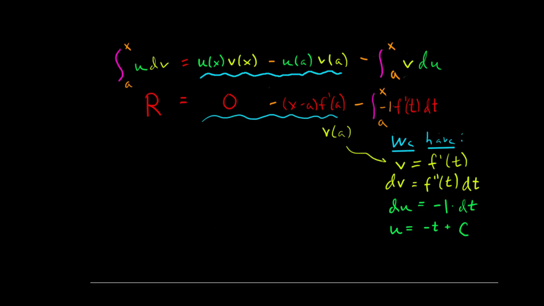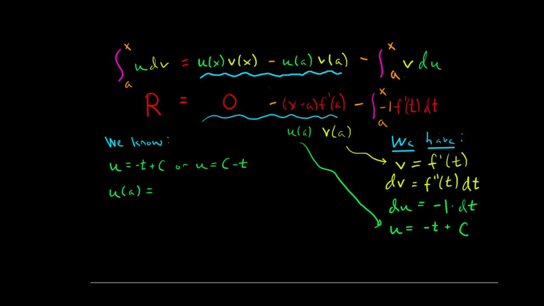So again, our f prime of a will correspond to v of a, because we've set v to be equal to f prime of t. And therefore, x minus a has to correspond to u of a. So putting together what we know, u equals minus t plus c. We already found that out. Or equivalently, u equals c minus t. But at the same time, we know that u of a should equal x minus a at t equals a.